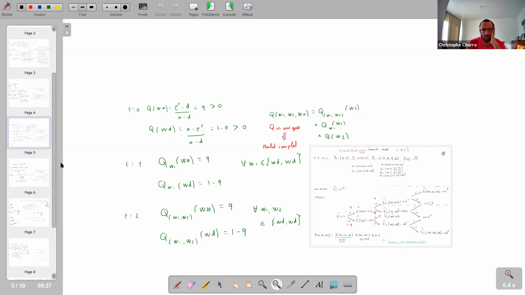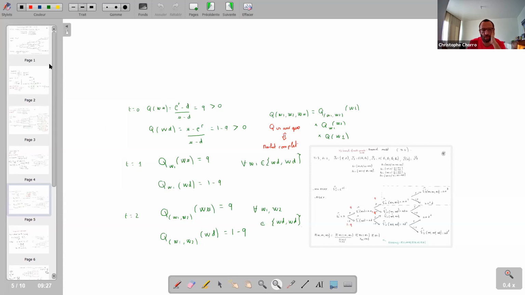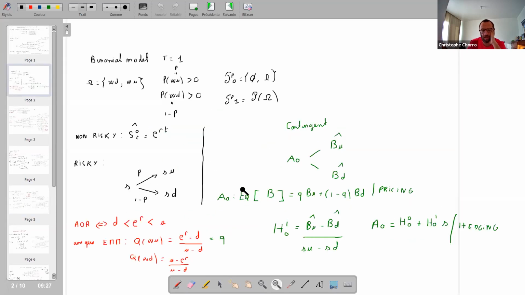So in fact, I simply have to apply what I have done for the 1 period model, that is, find that my price is just a convex combination of the actualized payoff function, where the convex coefficients are given by the equivalent martingale measure.